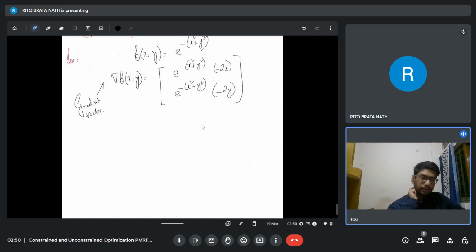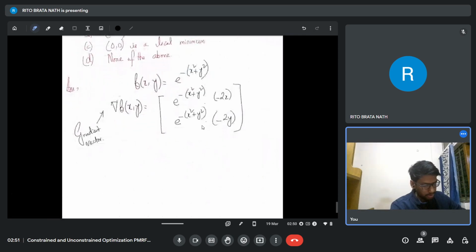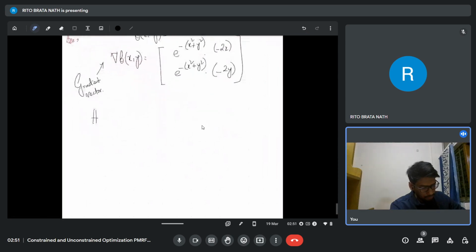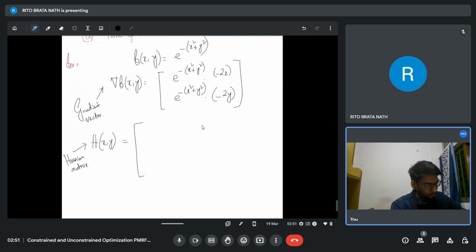Now, for the second order derivatives, I have to find the Hessian matrix here in this two-dimensional problem. So I'll write down the Hessian matrix, H(x, y).